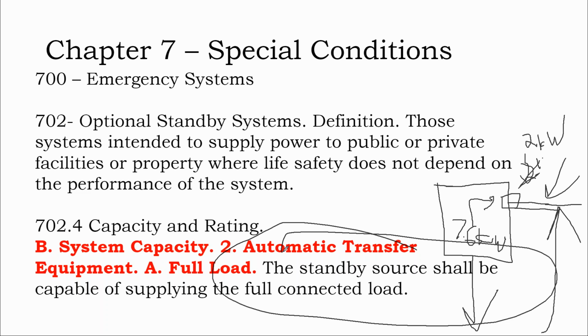And that's really frustrating to customers, because they say, well, can't I just use a little bit of power during the emergency, and not as much as I would normally use? What code is saying is automatic transfer equipment needs to be capable of supplying the fully connected load.